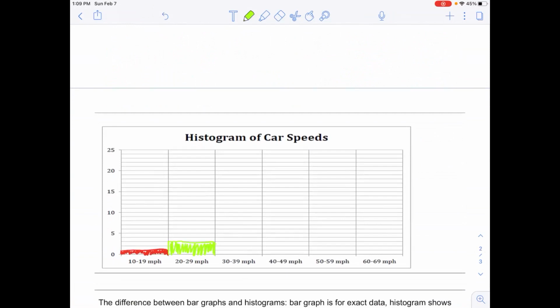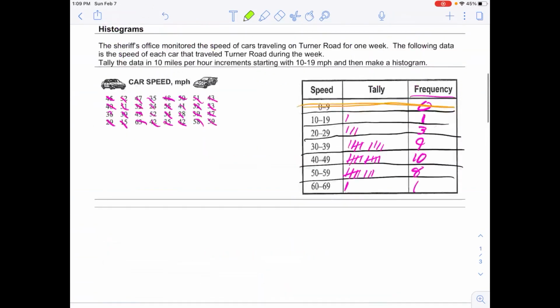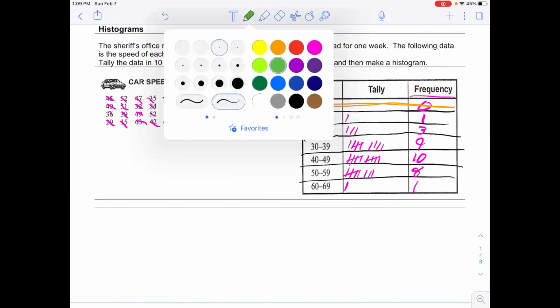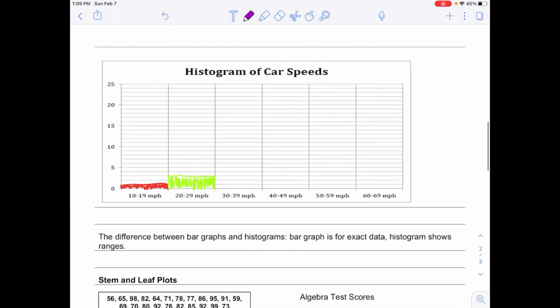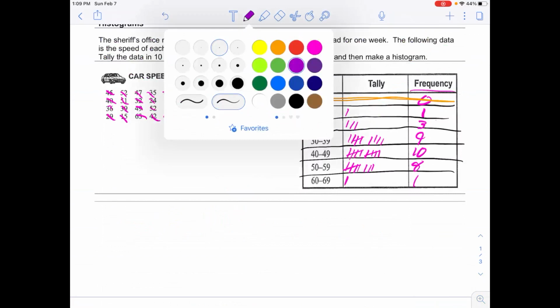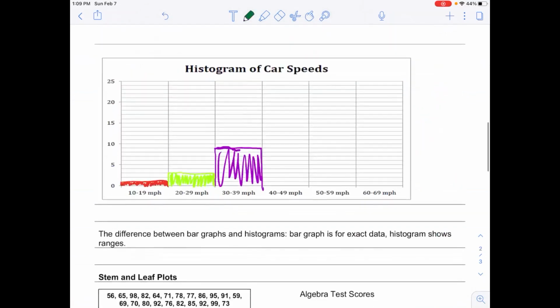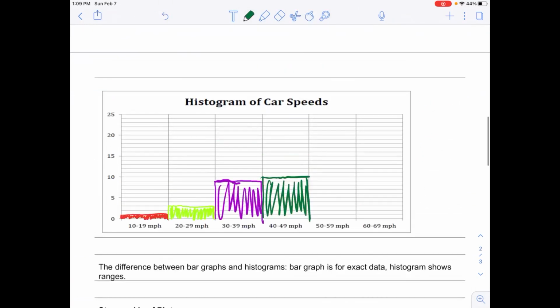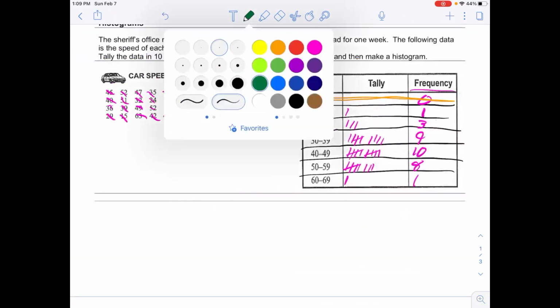So see if you can finish this on your own, checking your answers when you're done. 30 to 39 was 9 tall. 40 to 49 is 10 tall. 50 to 59 is 8 tall.